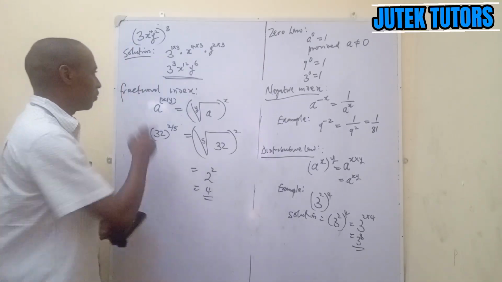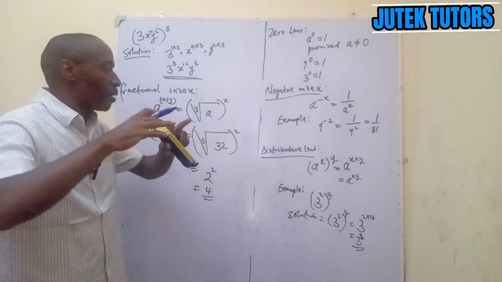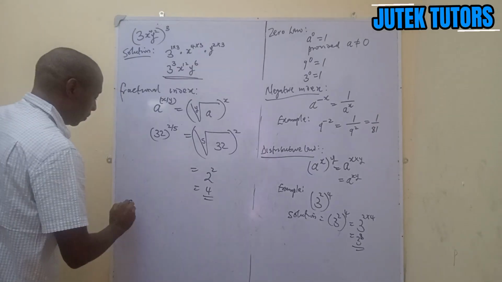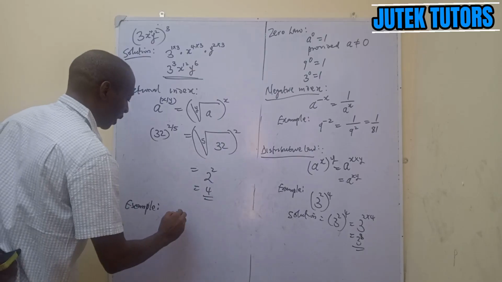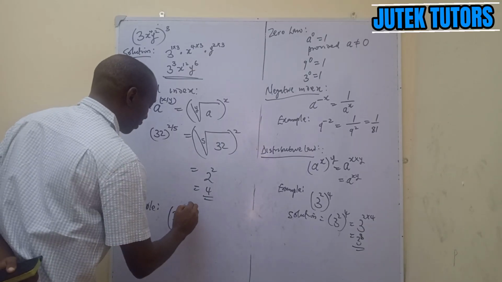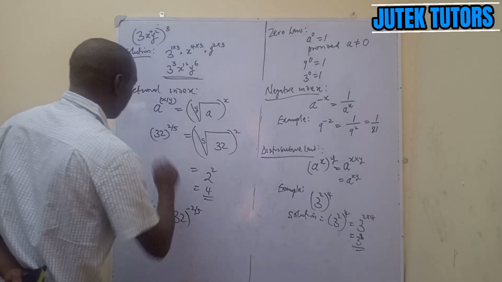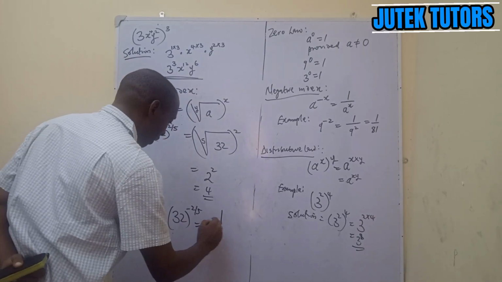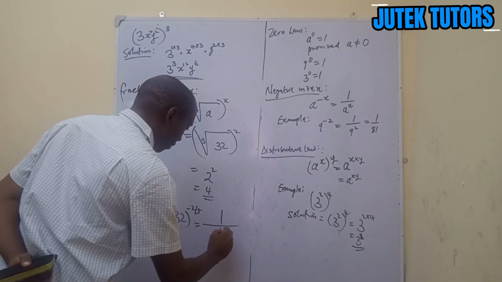So for example, when the fraction has a negative value, let's say 32 raised to the power of minus 2 over 5. Remember when we talked about the negative index, this becomes 1 all over 32 raised to the power of 2 over 5.